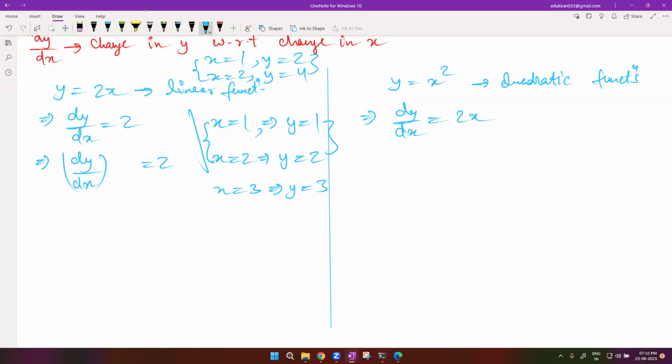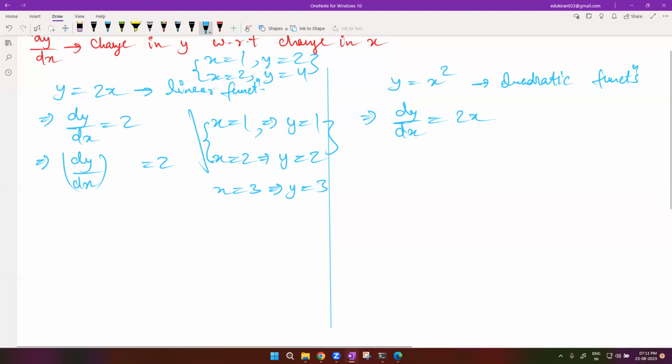At x equals 5, y will be changing 10 times as much. If you make a change of 1 unit in x, then y will change by 10 units. So this also means that dy by dx can depend on x, right?